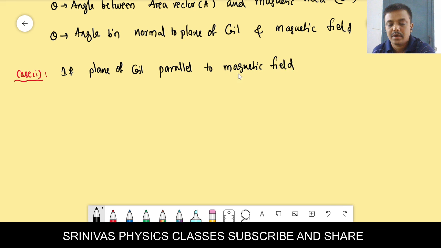What happens to theta? This is the plane of the coil and this is the field. The plane of the coil is parallel to the magnetic field. At the moment, what is the angle from the concept? Till now you learned something. From that you tell me what the angle is. Think and tell me, somebody.